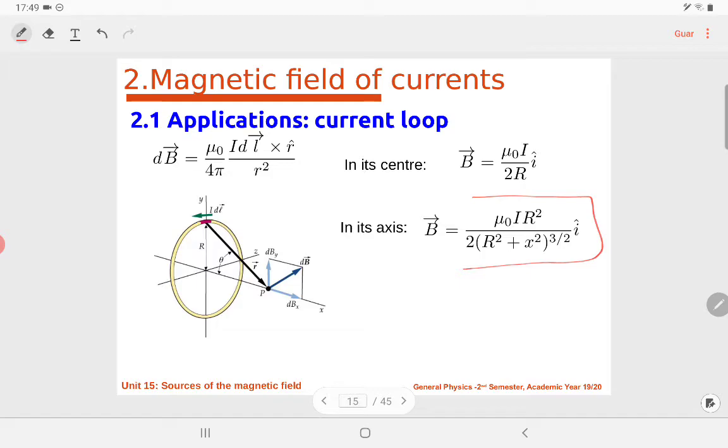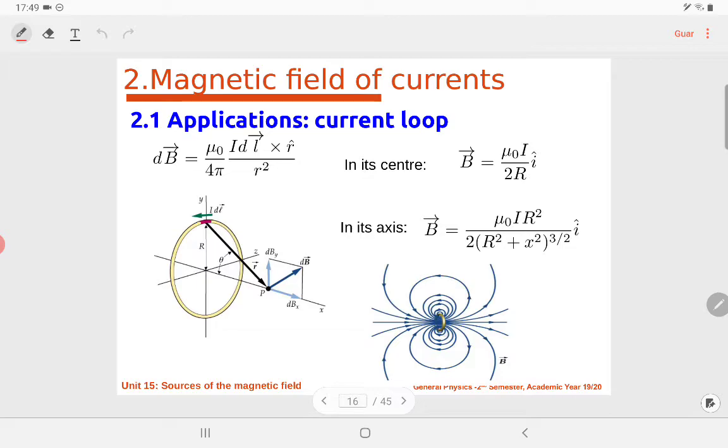Okay, for the directions, there is a rule where you can easily remember what the direction is going to be. To use this rule, you have to get your right hand and go along the loop with your 4 fingers in the same direction as the current.